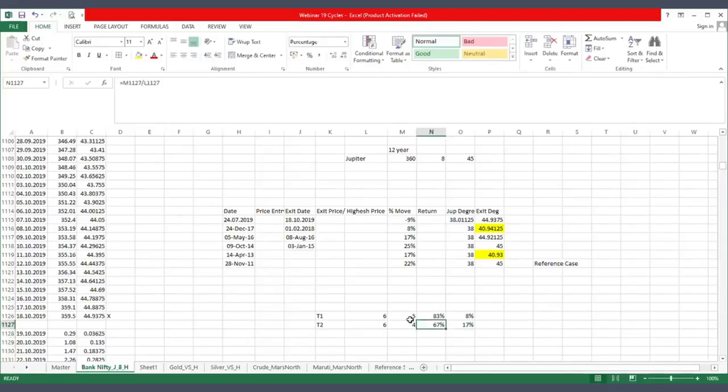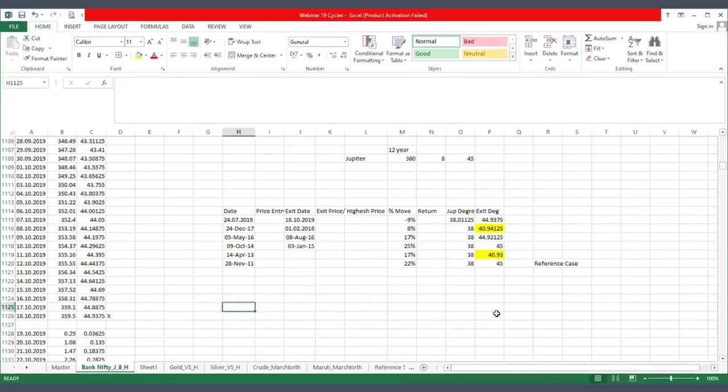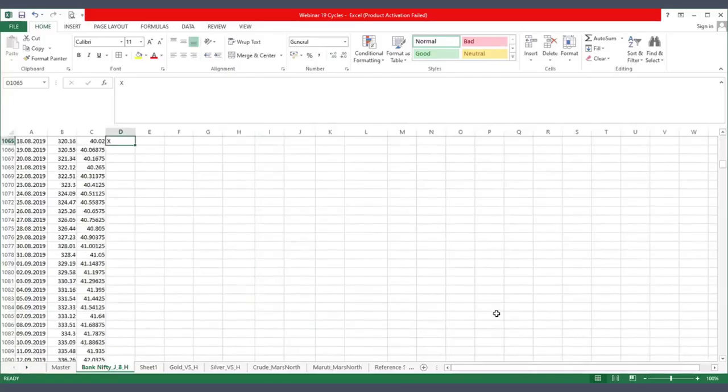See, 67% is also not less. If I am getting 8% and I have 2 lots, one I have booked here at 8%, another I am waiting for just double target, you see. So 17%. So far, what we saw in this cycle, we can get this. Let's see all the statistics for better decision making.